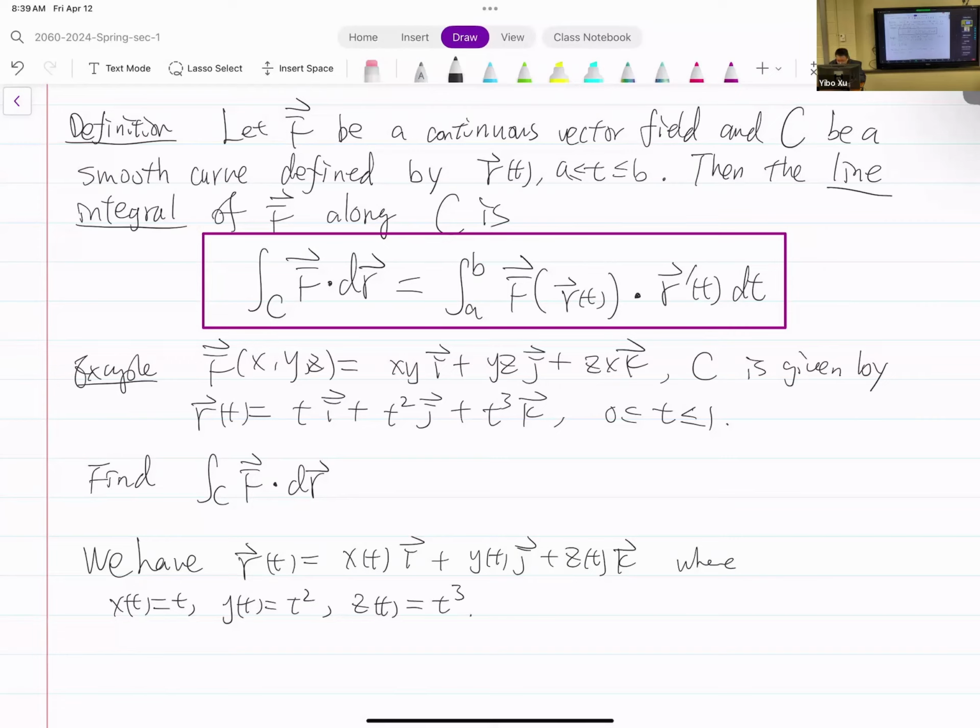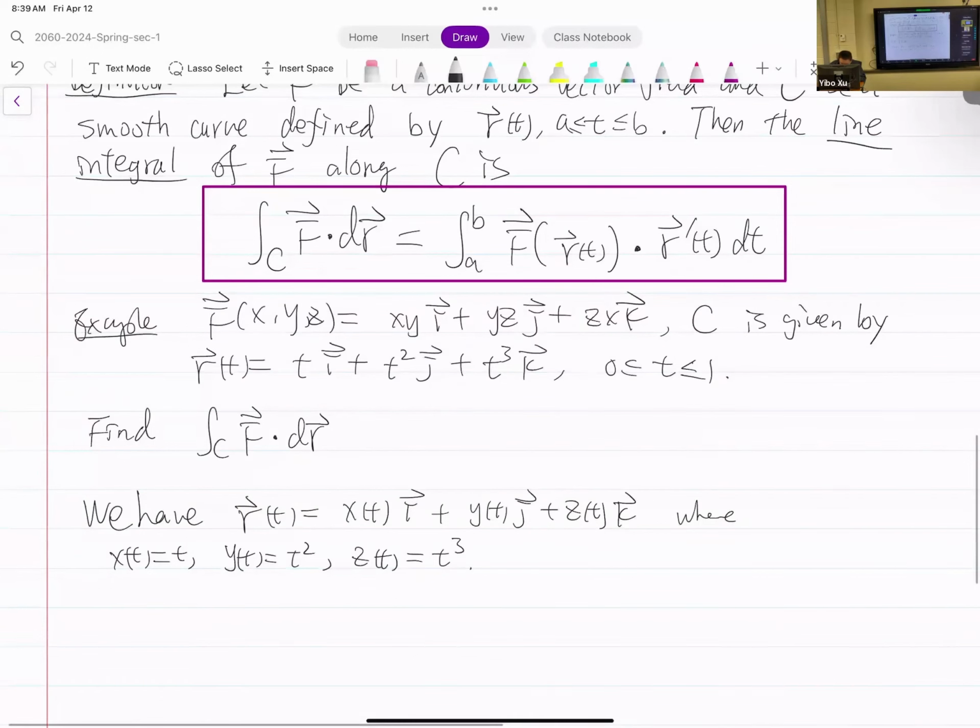Just helping you to identify those components. This tells you, when you do the evaluation, what x, y, z should be.